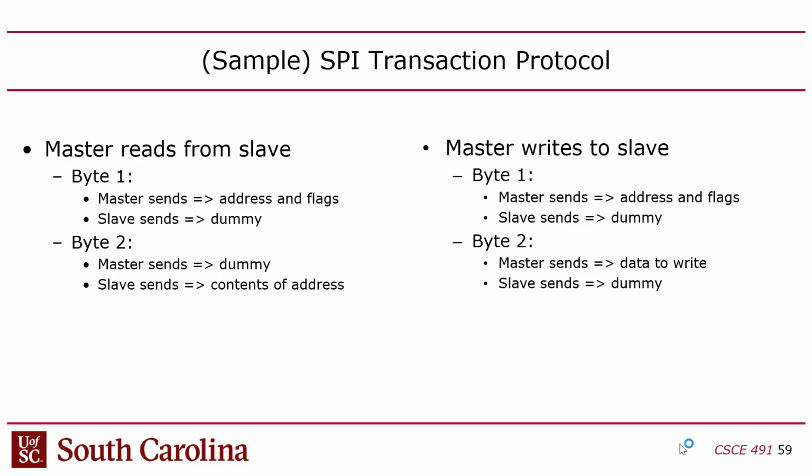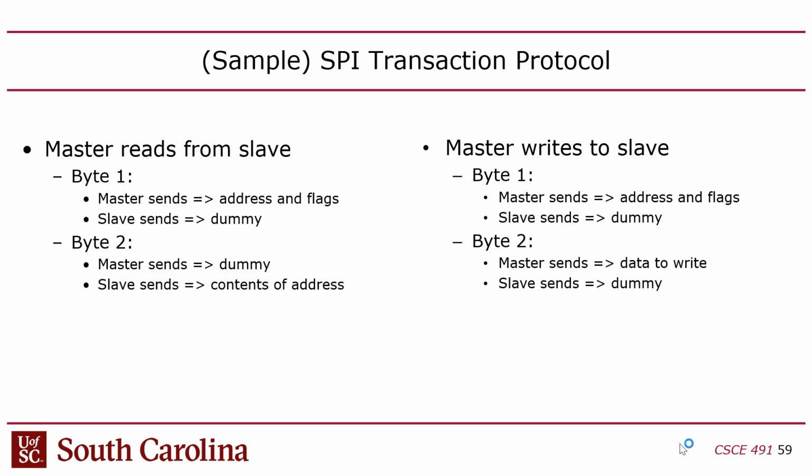So as I mentioned, if you do a read operation, the first byte, and maybe the second byte too, is going to be some header, some preamble, and then you expect the payload bytes to come back to the master through MISO, right?